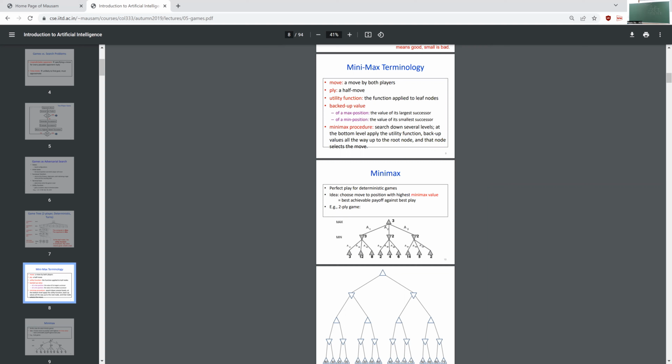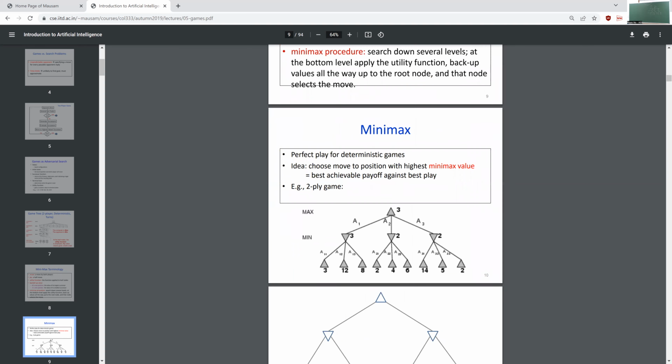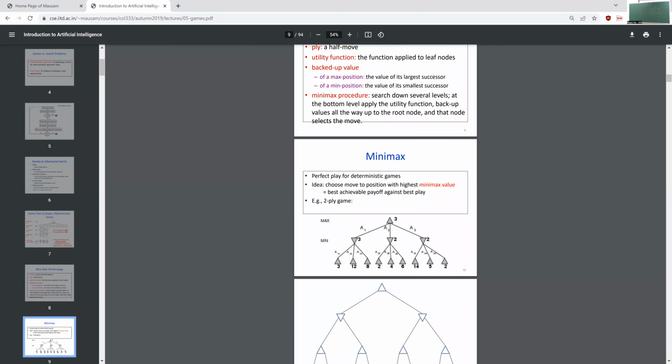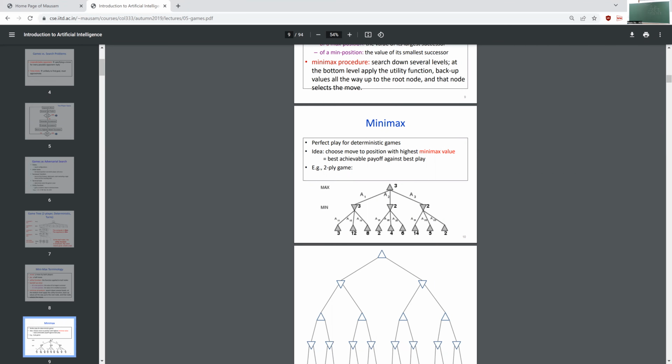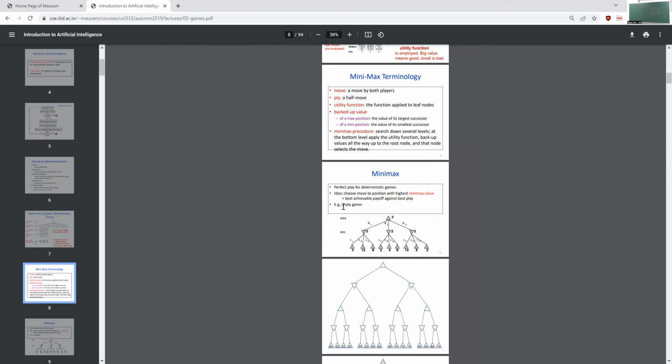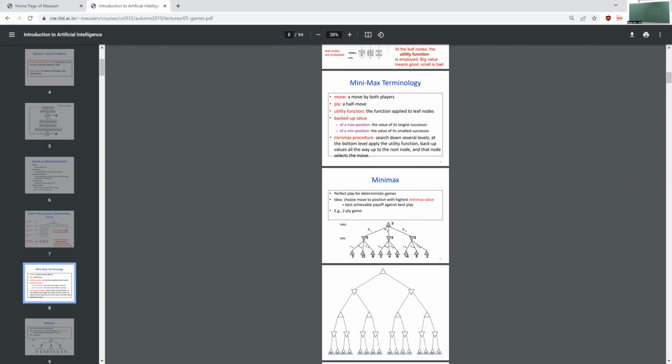And the goal of the max player is to always take the game to a state where the utility function is maximum. Now, keeping that in mind, if the opponent is in the leftmost node of layer 1, it has 3 choices, and the opponent knows the utility function value for each of the terminal states resulting from A11, A12, and A13, which is 3, 12, and 8 respectively, given as part of the problem specification.